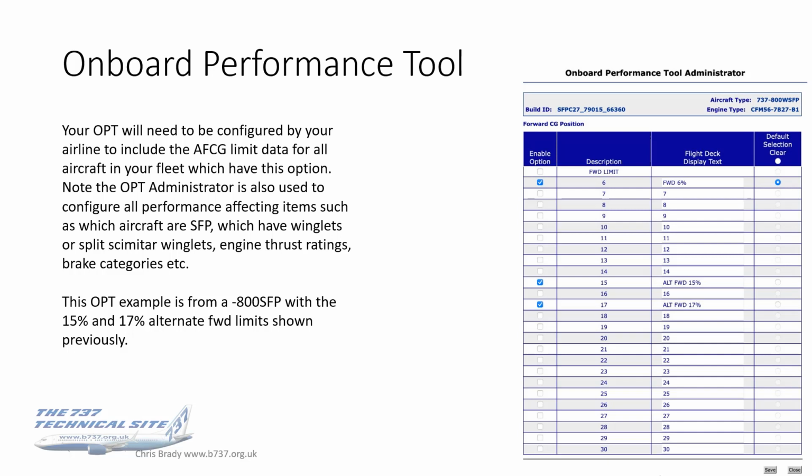This particular example here is from an 800 SFP, which used the 15 and 17% alternate forward limits shown previously.